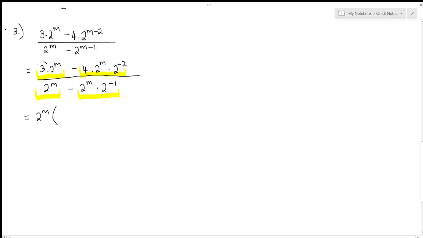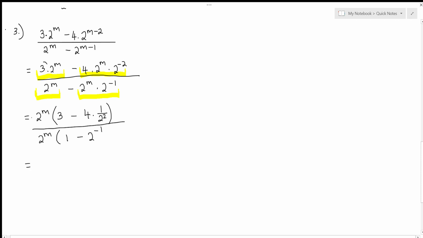I'm left with 3 in the first term minus, in the second term I'm left with 4 times 2 to the power negative 2, which is 1 over 2 squared, divided by my common factor here in the denominator, 2 to the power of m, and I'm left with 1 minus 2 to the power of negative 1.